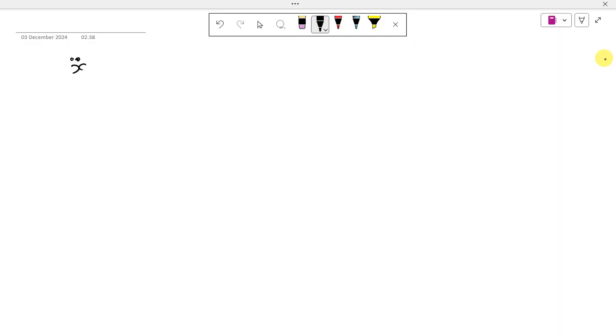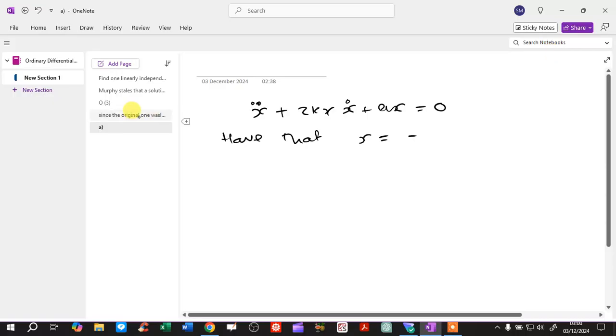X double dot plus 2kx x dot plus ax equals 0. So that's equation 1, and we have that x equals minus, and I have to look at what we did before because I can't remember.